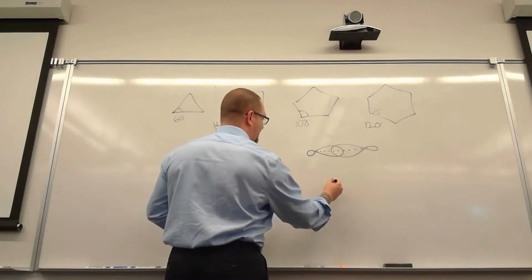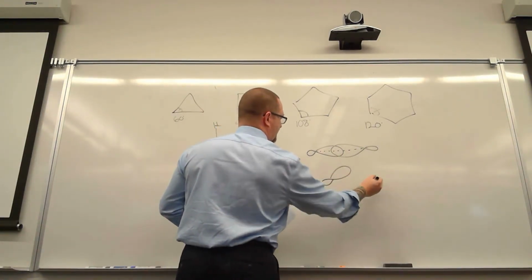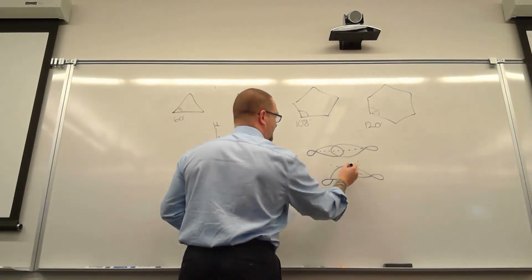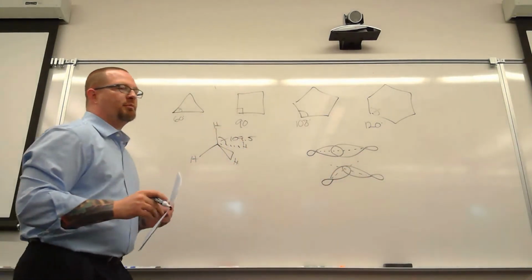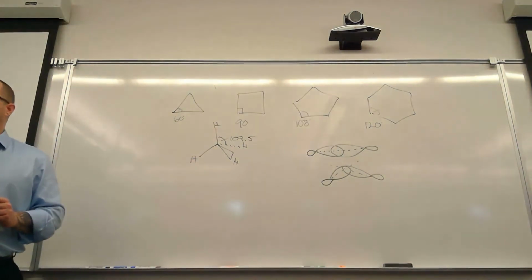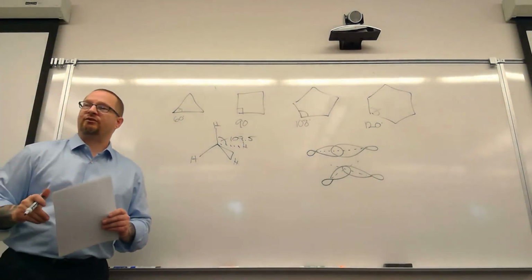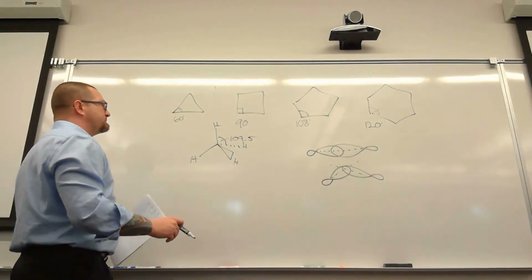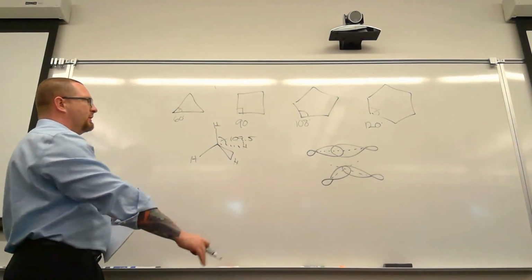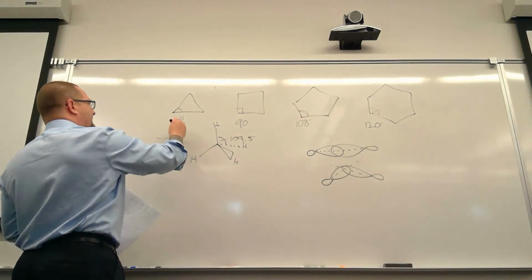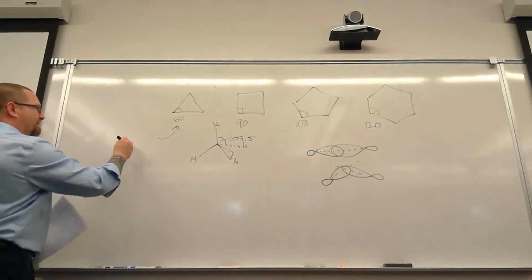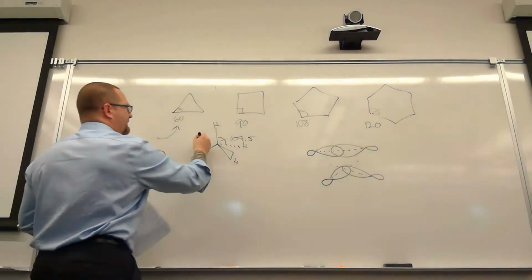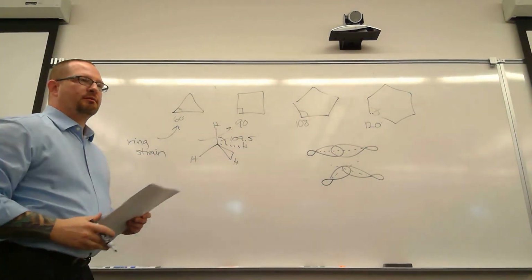If you have a kink from non-ideal angles, it's impossible to as efficiently or stably share electrons between those two nuclei sigma bonds. So, which of these four has what we call significant ring strain? This has significant ring strain.